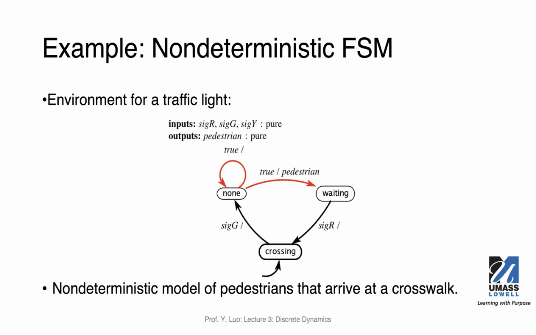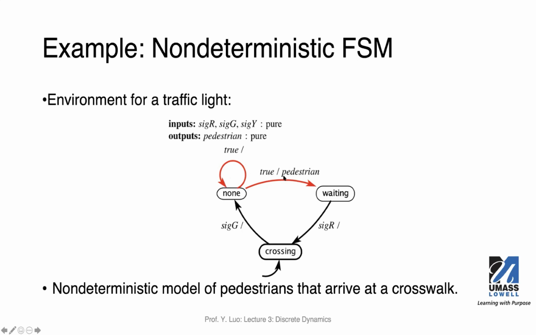That means for this state none, when you transition to the next state, there are possibly 2 next states: itself or waiting. If it transitions to waiting, the output action will be to output pedestrian. And if you take the other transition, the output will be nothing. There will be no output.